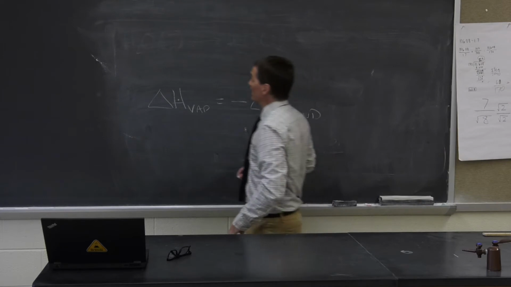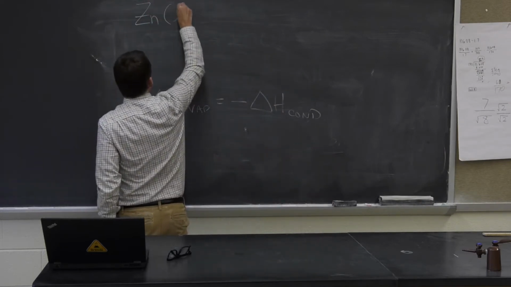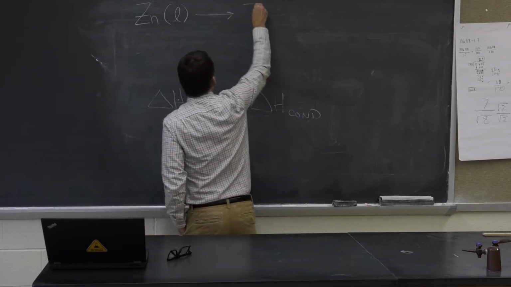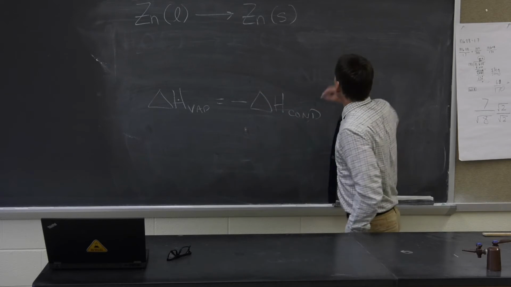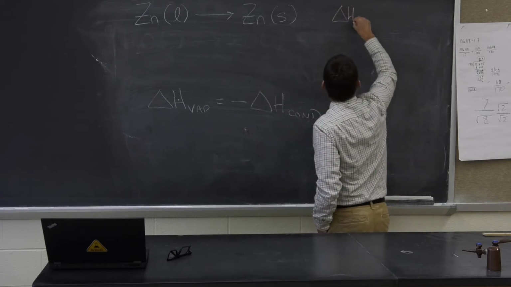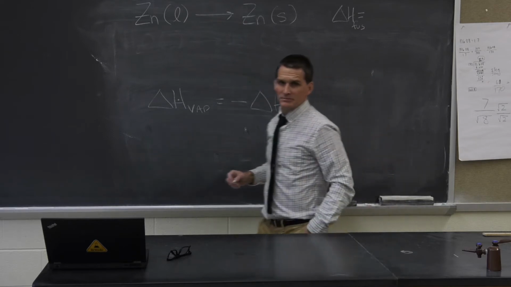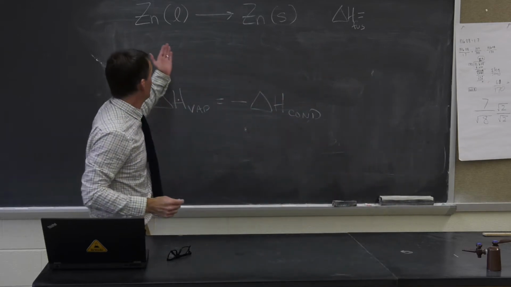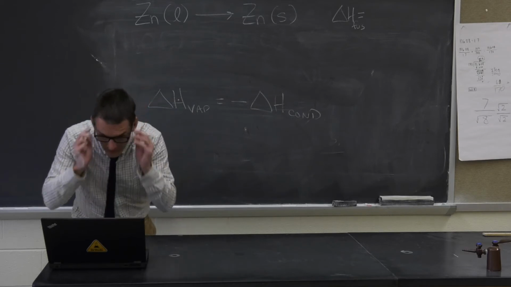For example, let's think about liquid zinc going to solid zinc. We can call this the enthalpy of fusion, is what they call it. It's the enthalpy of freezing. I mean, this represents freezing, a liquid going to a solid. And let's see if I have this here.